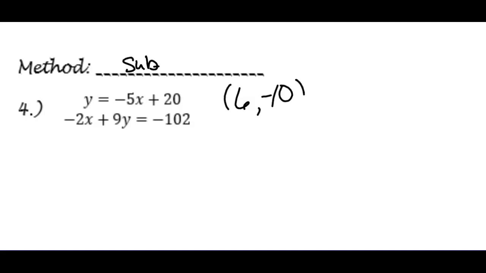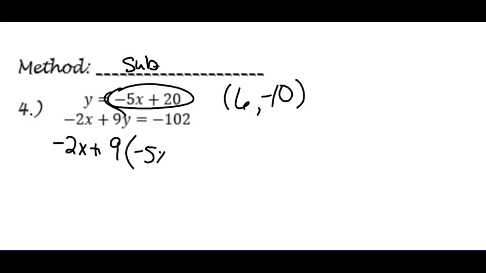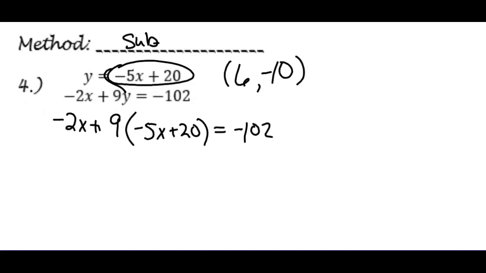Okay. So I'm substituting this in for my y. So my new equation is going to be negative 2x plus 9 times negative 5x plus 20 equals negative 102. So nothing changed except for my substitution there.